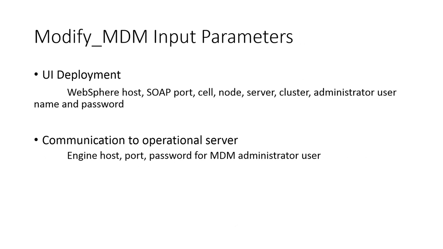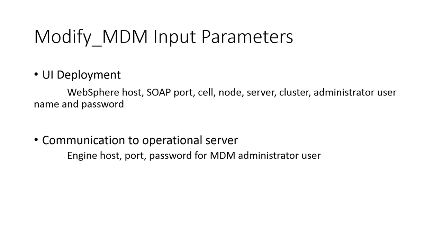Details on the server such as the cell name and the cluster name in case of installation on cluster, and the cell name, node name, and server name in case of installation on WAS base or WAS ND have to be provided.